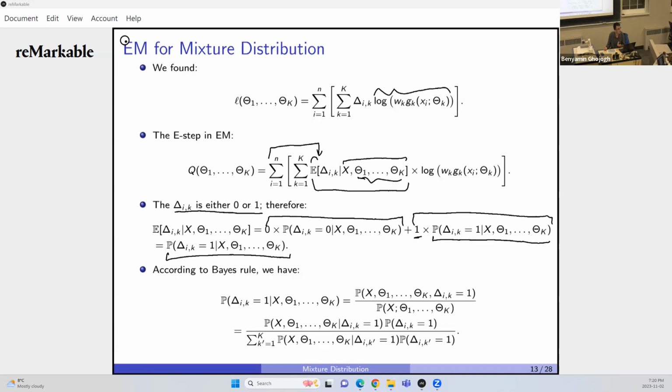Delta ik is equal to 1. Yes, it's because its value is 0. So I'm saying that we calculated that, and we saw that the expectation becomes the probability that delta ik is 1. When you put it in the formula of expectation, the expected value of x is defined as the summation over cases of x times the probability of x. When x is Benjamin, put Benjamin times the probability of Benjamin.